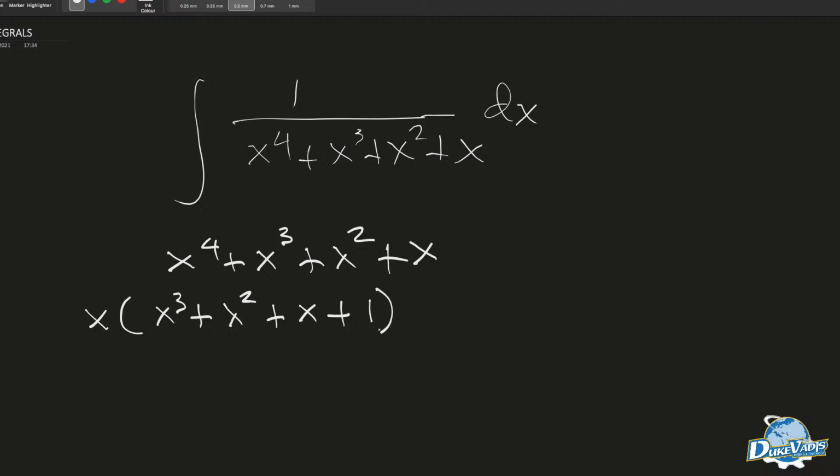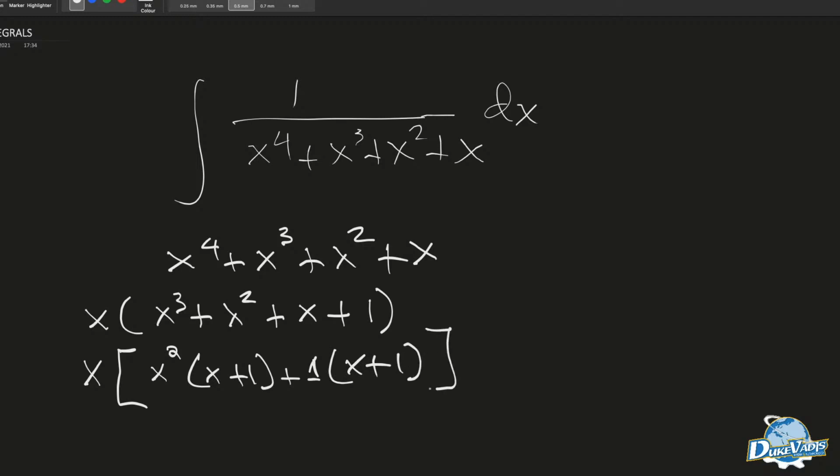So why don't we bring x out, then bring x squared out? If we do that, we are going to get x plus 1 plus 1 into the bracket x plus 1.